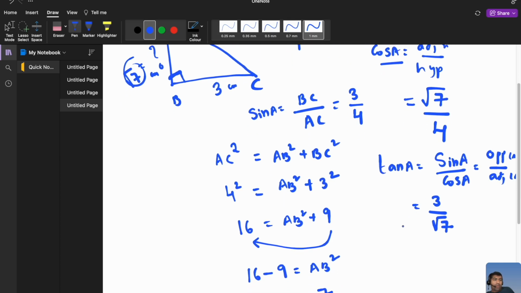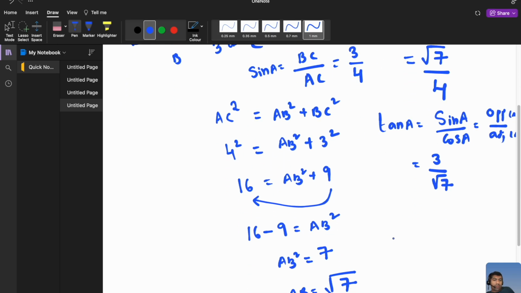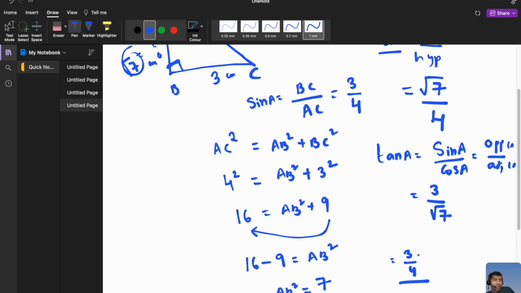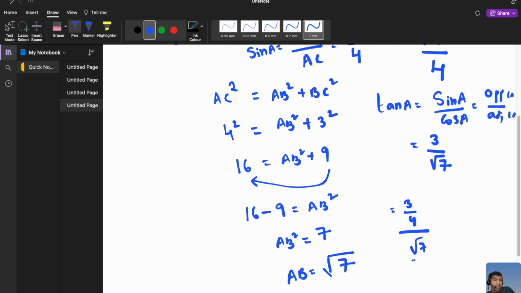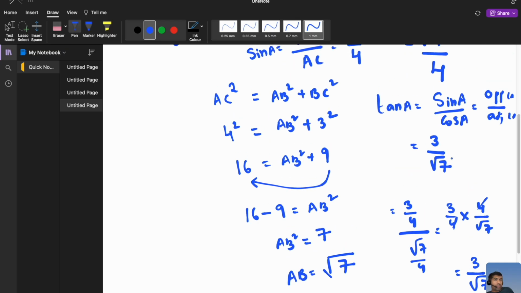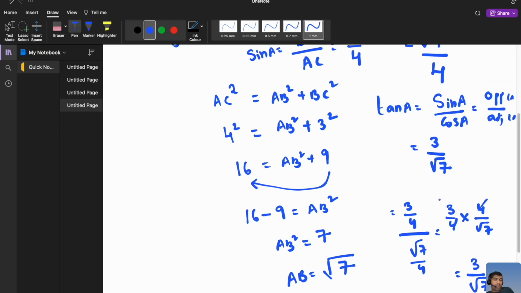Or if you go by sin A by cos A, sin A is 3 by 4 divided by cos A, which is root 7 by 4. So 3 by 4 into this 4 will come up, so the 4 cancels and you get 3 by root 7. In both methods we get the same answer.